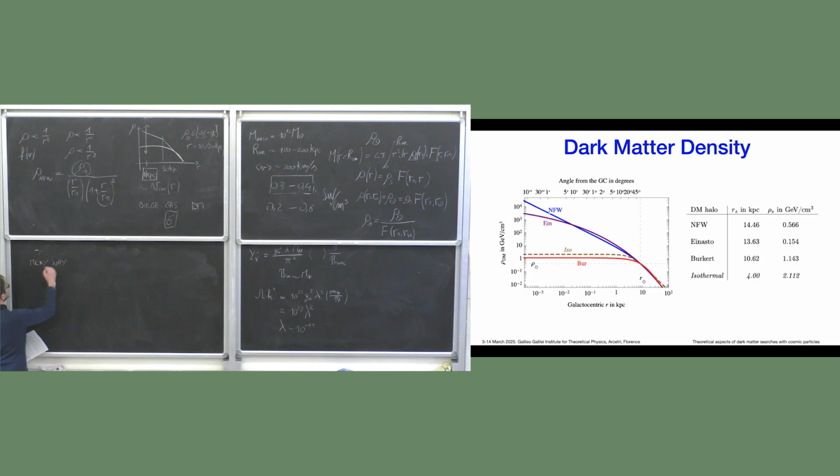Or you have the Milky Way dwarf spheroidal galaxies. These are satellite galaxies of the Milky Way that have a mass of the order of 10^6 solar masses.